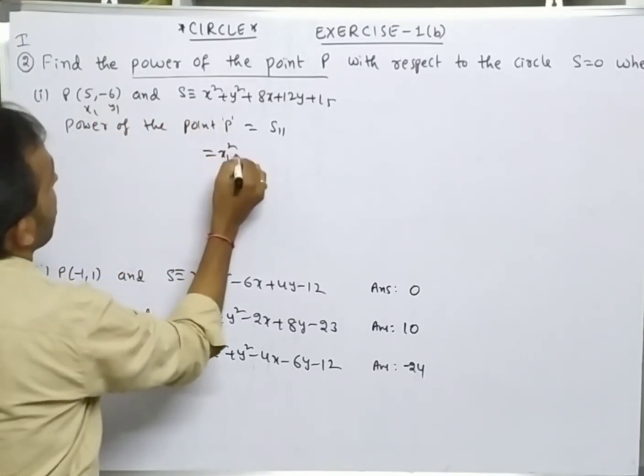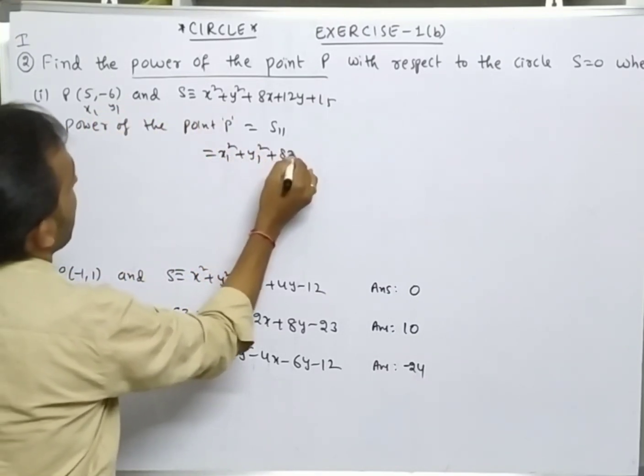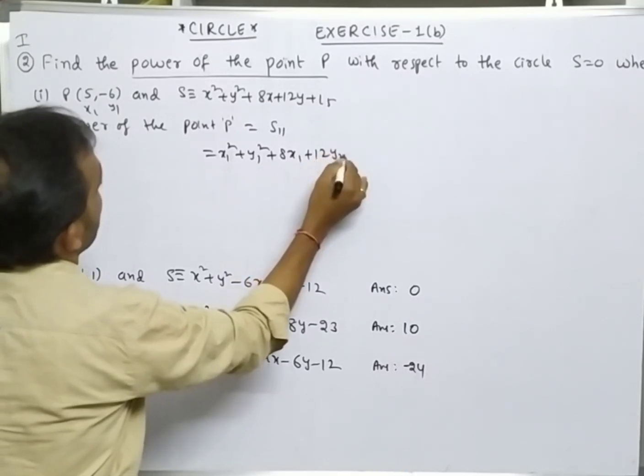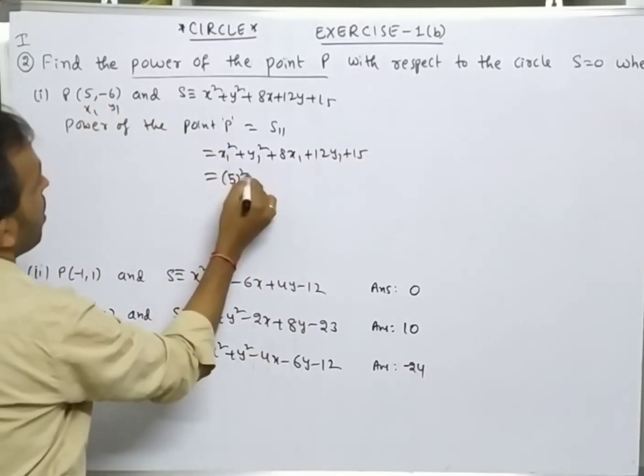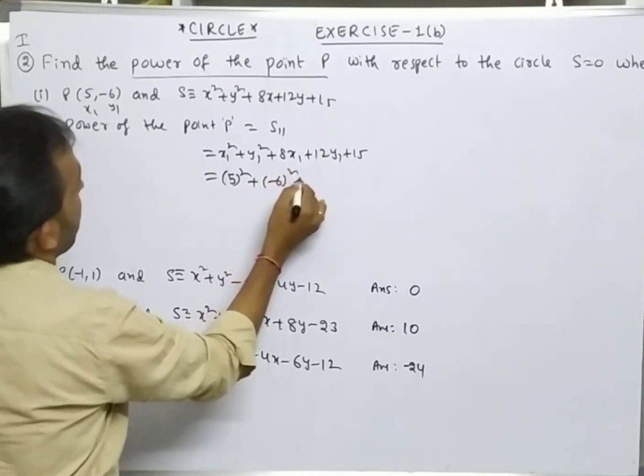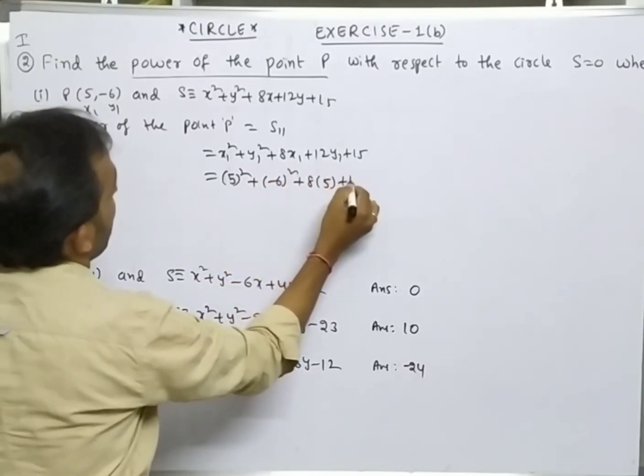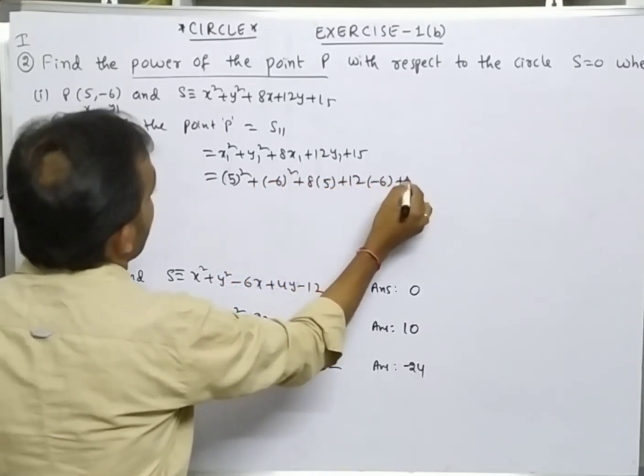So x1 square plus y1 square plus 8x1 plus 12y1 plus 15. Substitute x1: 5 square plus minus 6 square, 8 into 5, 12 into minus 6, plus 15.